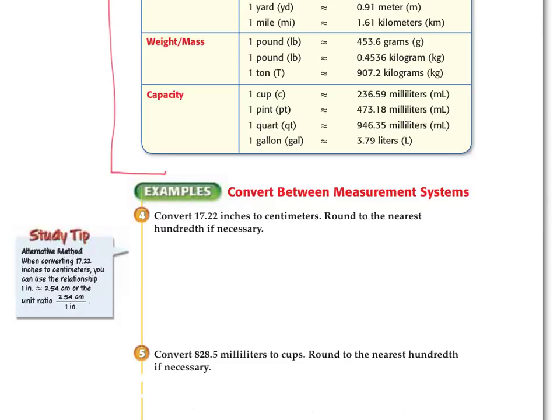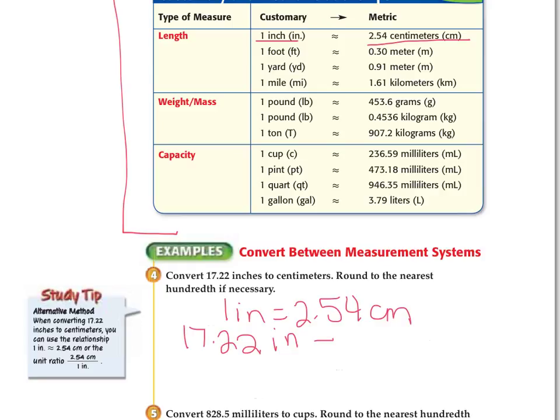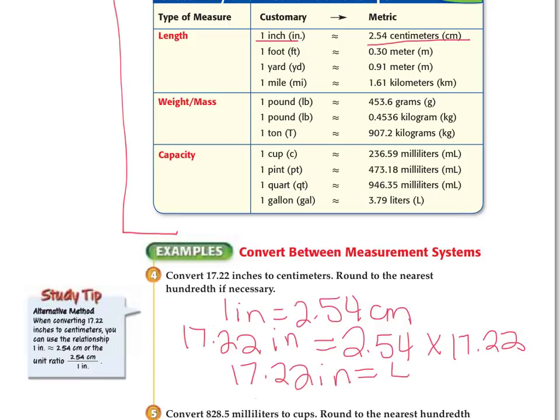So we want to use the conversion that we can see up here. This is our conversion: 1 inch is 2.54 centimeters. So we will write that down. 1 inch equals 2.54 centimeters. So we would do 17.22 inches equals 2.54 times 17.22, and you will end up with 17.22 inches equals 43.7388.